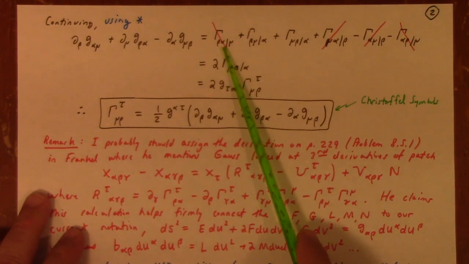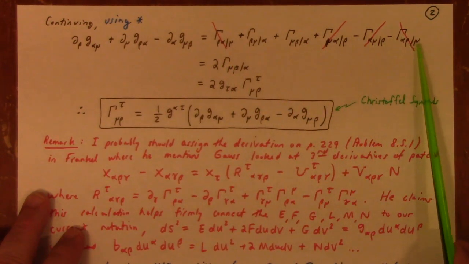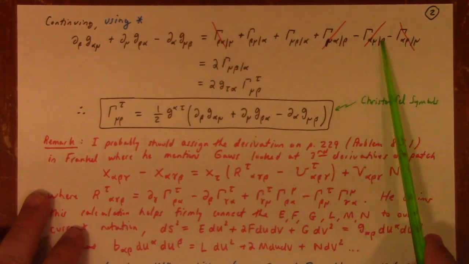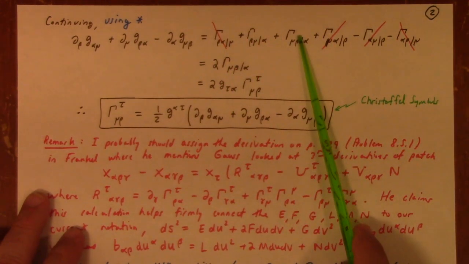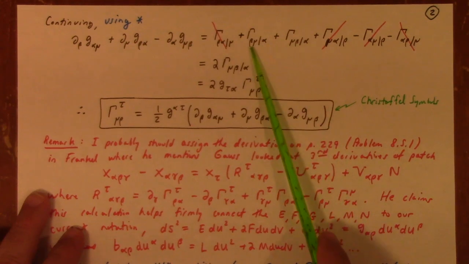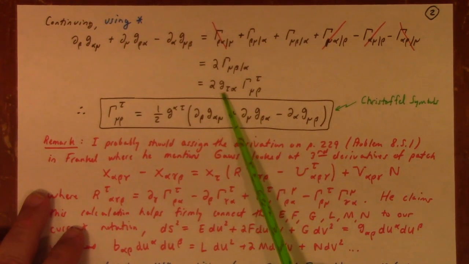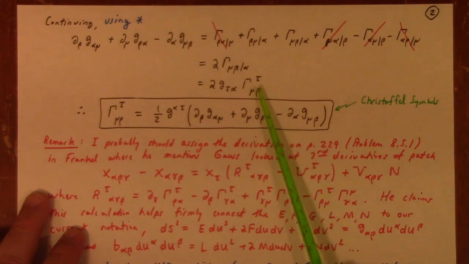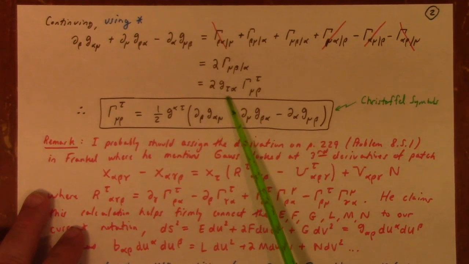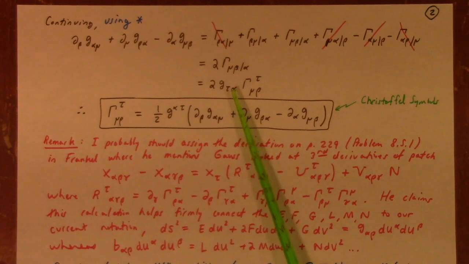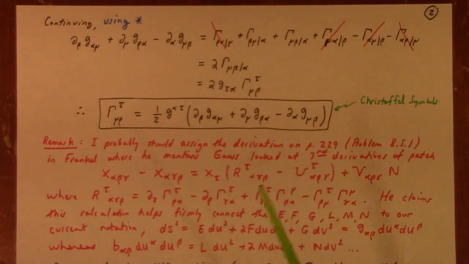Remember, it's symmetric in beta alpha and alpha beta, so these two match up and they cancel, these two match up and they cancel. It just leaves you these two, which again are equal because of the symmetry of the first two indices, which gives you really twice the original coefficient contracted over the metric like that. There's a summation over tau here, ranging from 1 to 2.